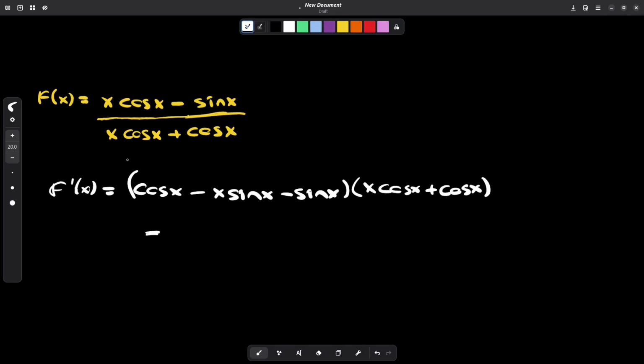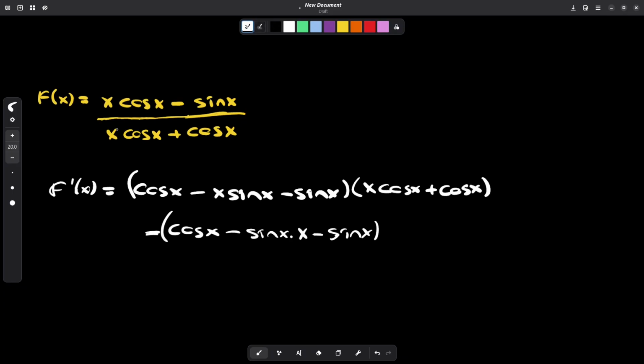Now we differentiate the denominator, cosine x plus minus, because differentiating the cosine will give us negative sine x multiplied with x, plus cosine x again. I'm starting to confuse what am I even doing, right? I differentiated this part, now we differentiate this part, minus sine x again.